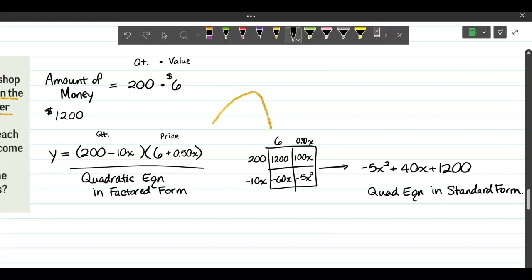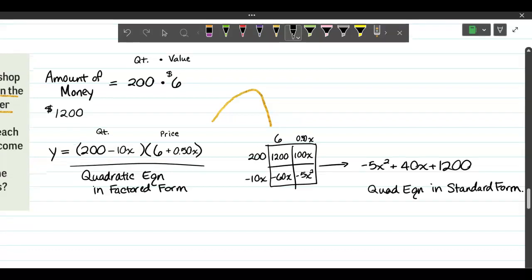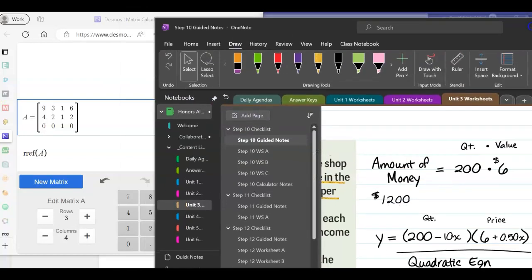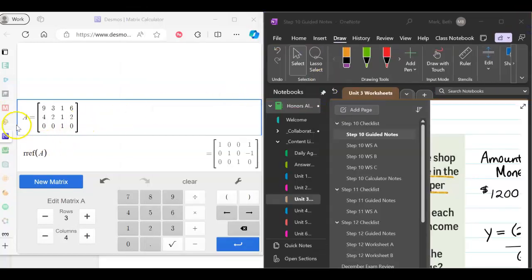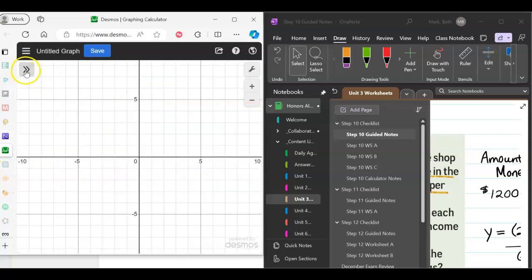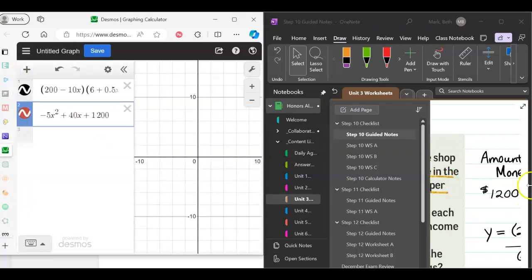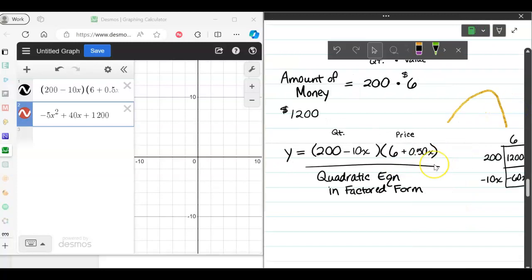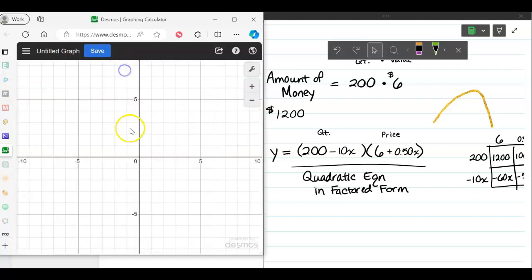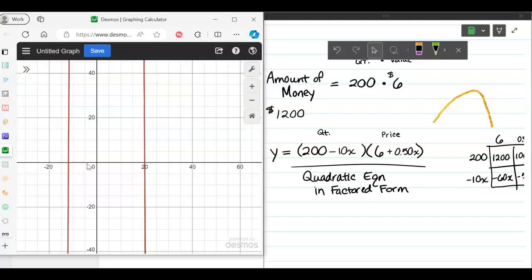We can type both of these equations right into our Desmos graphing calculator. And I actually already have them typed in right here. You can see them typed in both in factored form and standard form. I'm going to close this so I can see more of the graph and zoom out.